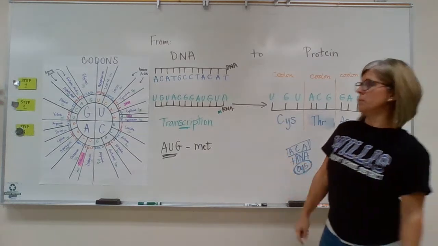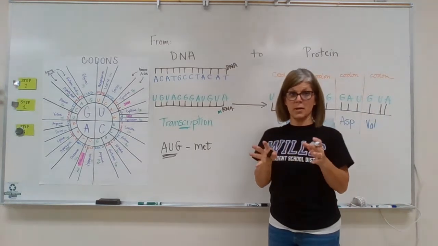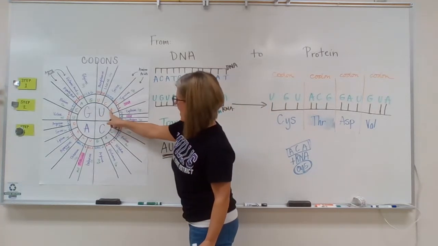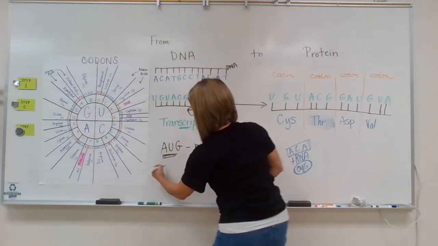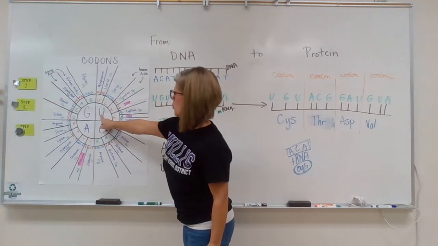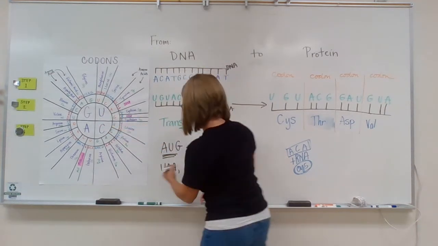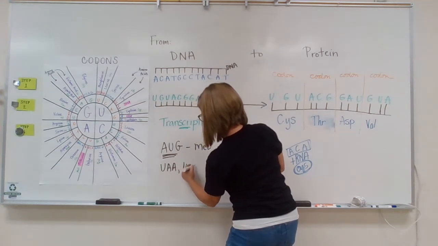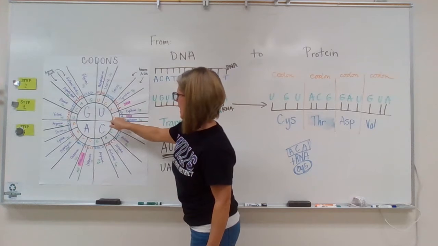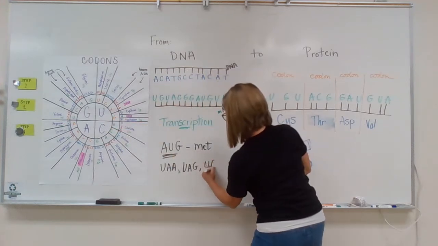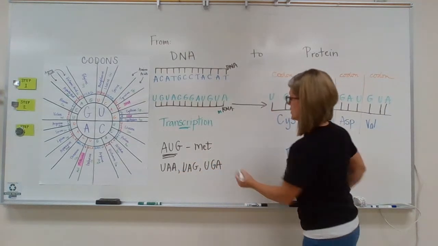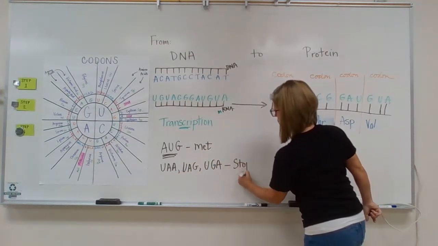On the other end of that, there's a few that can stop it. There isn't just one that can stop it. UAA, UAG, UGA. These three codons are all considered stop codons.